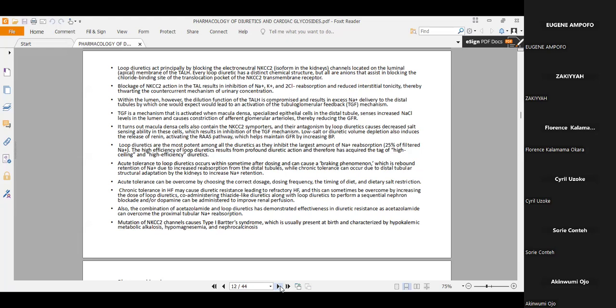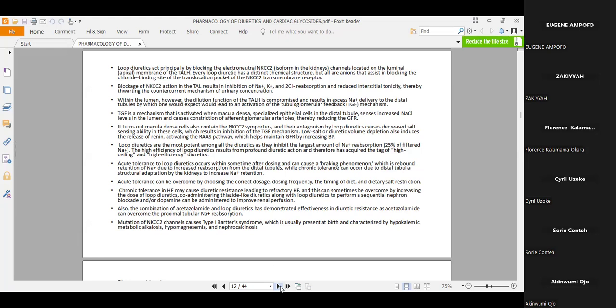dietary salt restriction. So chronic tolerance in heart failure may cause diuretic resistance, leading to refractory heart failure. And this can sometimes be overcome by increasing the dose of loop diuretics, or addition of other diuretic agents like thiazide-like diuretics in order to achieve sequential nephron blockade.